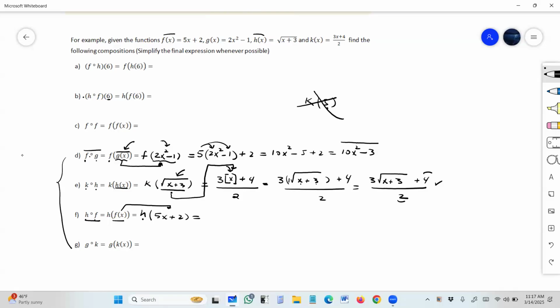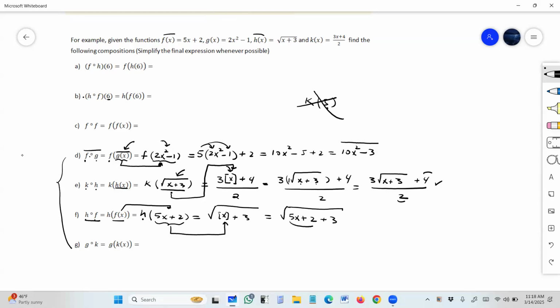So here's my H function, right? And I'm going to put a bracket here. You don't have to do that. I'm just showing you where the value is going to go to. So this whole expression is going to replace the x. So this will be square root of 5x plus 2, plus 3.